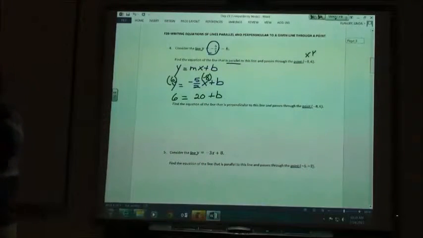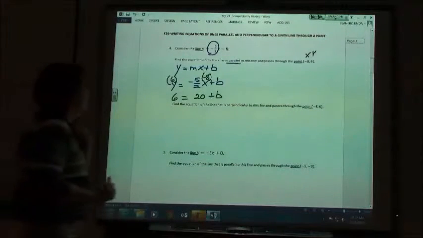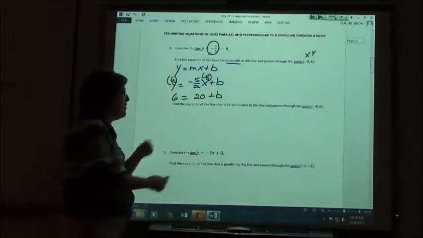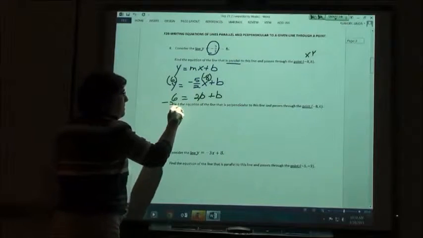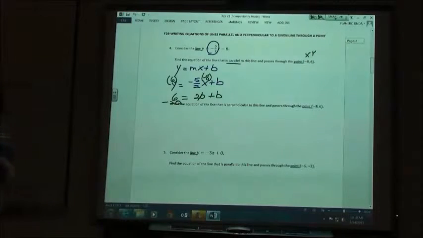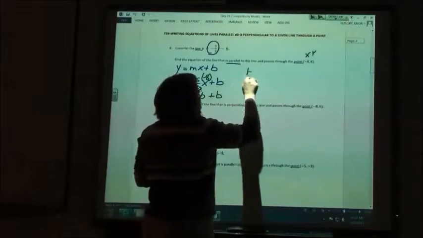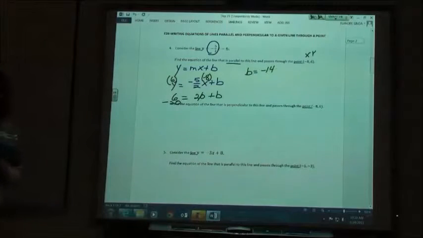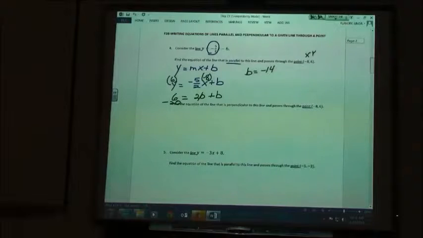So in order to solve that for b, we have to not divide. You like to divide all the time, but this is a plus, right? So I've got to move it over and make it minus 20, right? Negative 14. 6 minus 20 would be negative 14.